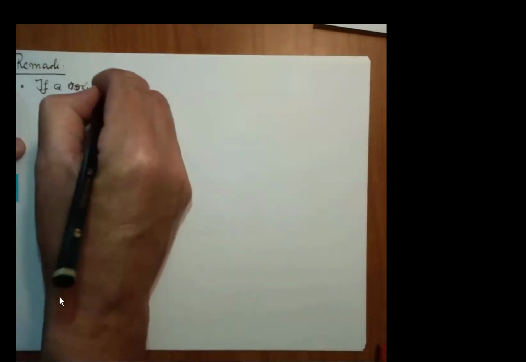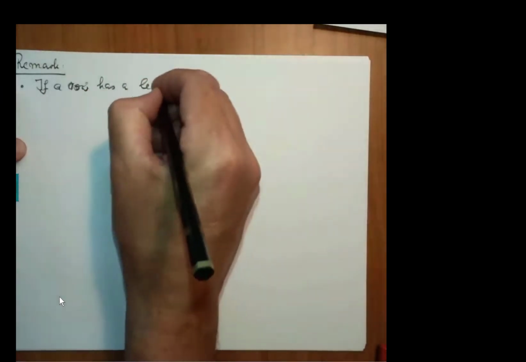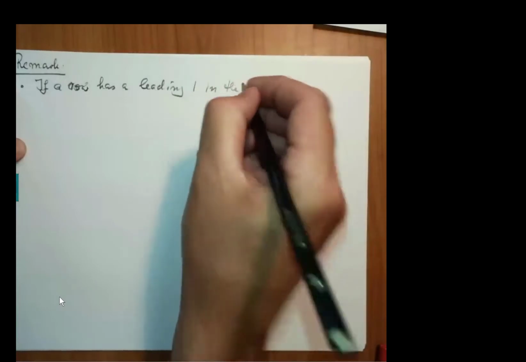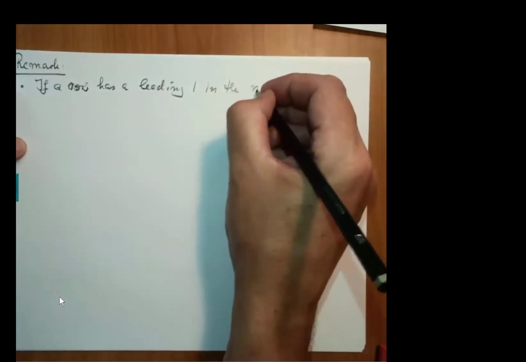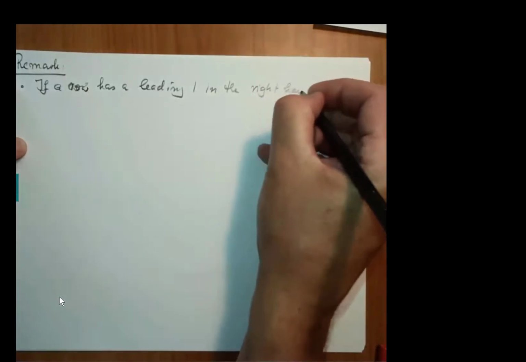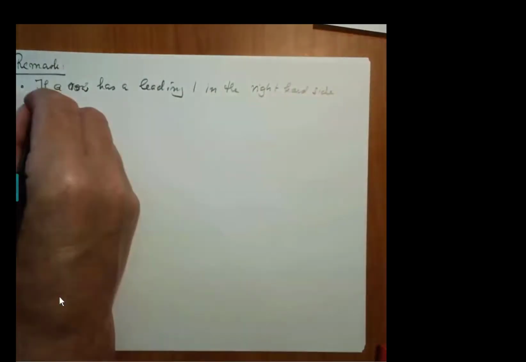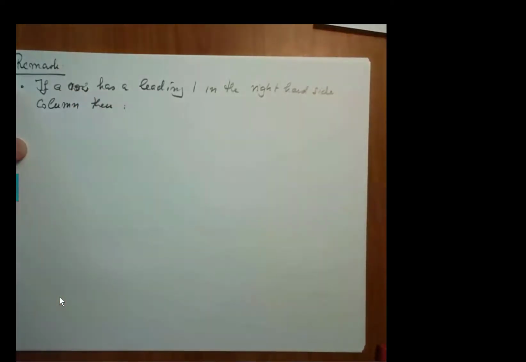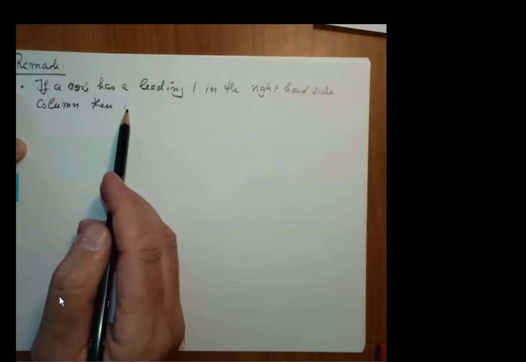So first, a remark. Number one, if a row has a leading one in the right-hand side column, then remember the example actually before our long calculation.